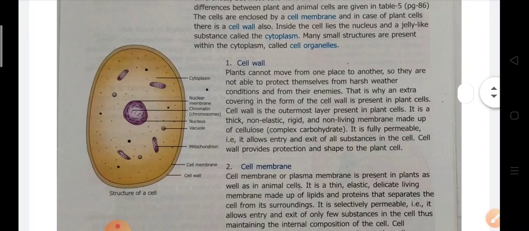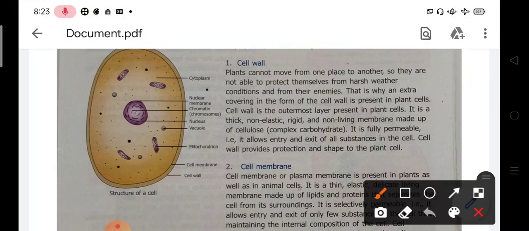See here, cell wall. Plants cannot move from one place to another. As I just told you, plants have the outermost layer which is called the cell wall, and this cell wall is present only in plant cells and is absent in animal cells, because plants cannot move from one place to another.